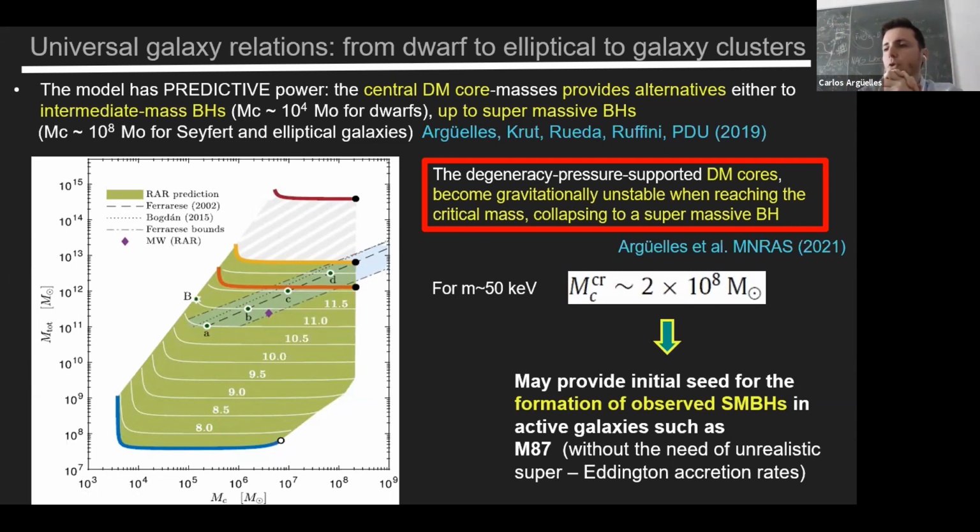Out of this theory, it is possible that the central core is already born at high redshift, and then if the conditions are given, it can collapse directly to a supermassive black hole, and then of course keep growing up to 10 to 9, 10 to 10 solar masses later on.